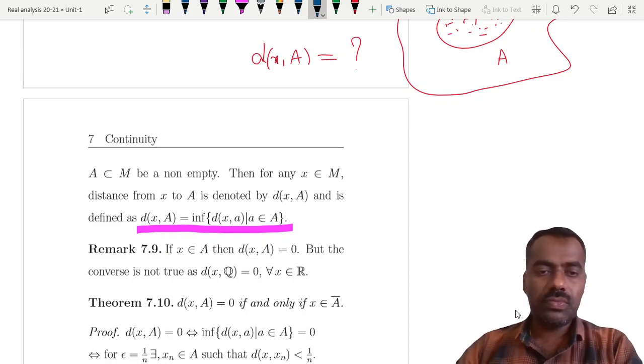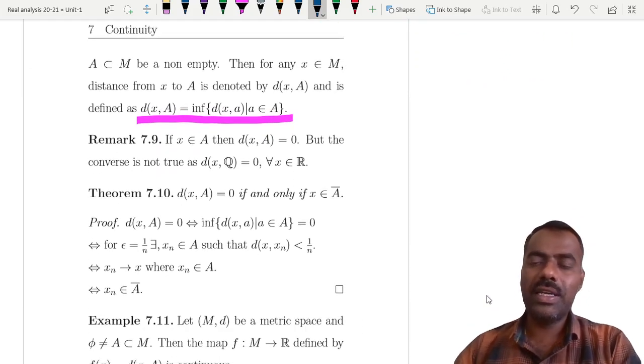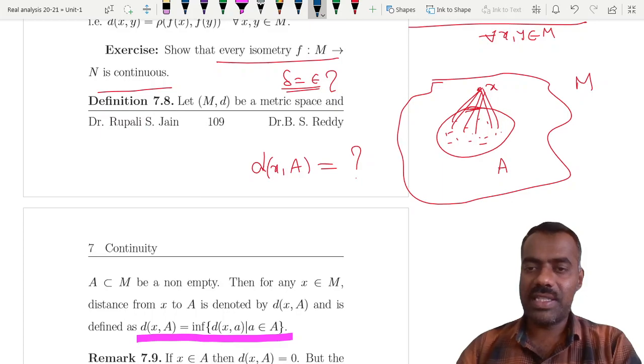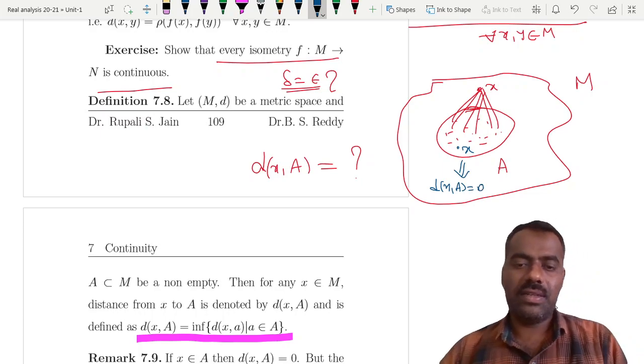Okay, and obviously one can observe that if x is already in A, then the distance between x and A is 0. But the converse is not true.